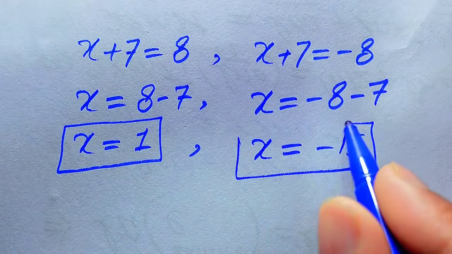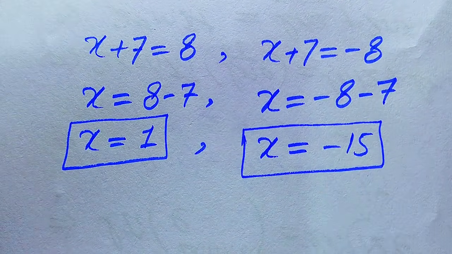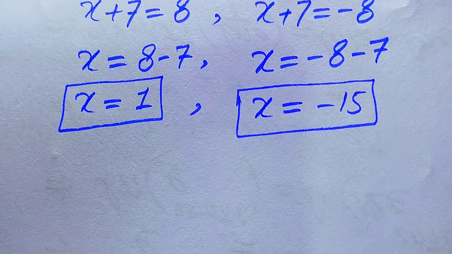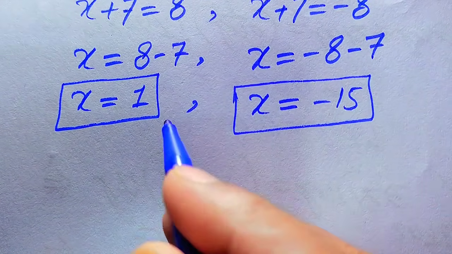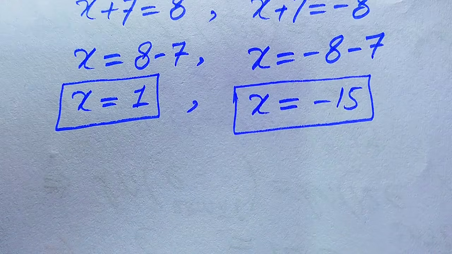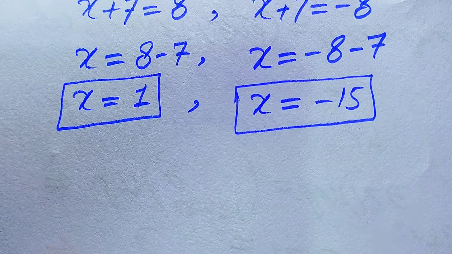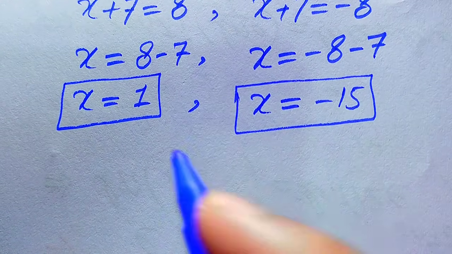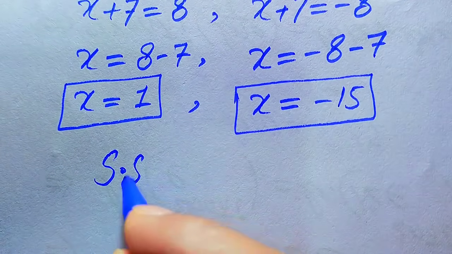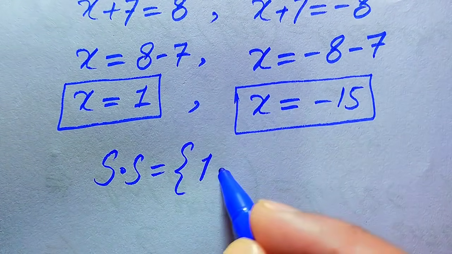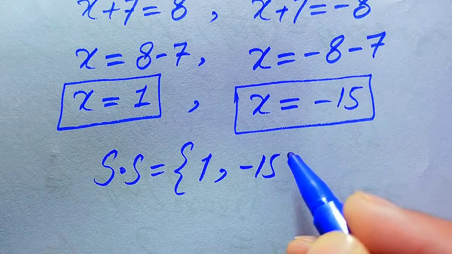So in the second method we again get the value x = -15, and in the first method we already verified that both of these two values satisfy our given question statement. This means that the solution set of the given question is 1 and -15.